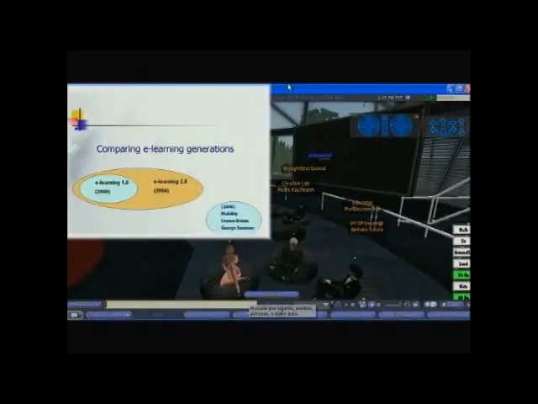Today, we must use synchronous activities as well to engage people and make a connectivist approach, as George Siemens told us from 2006.